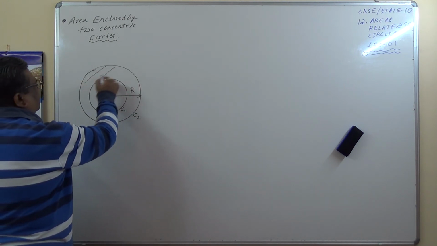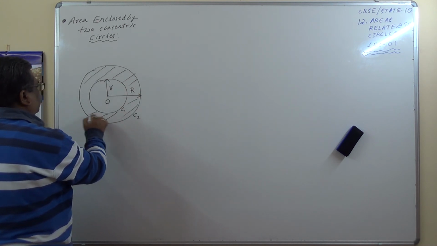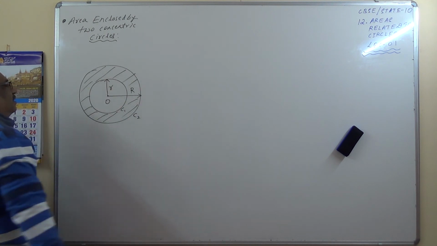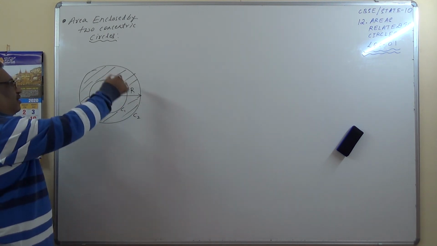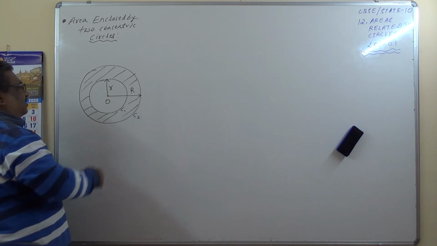This is the area bound by 2 concentric circles. So area enclosed by 2 concentric circles.